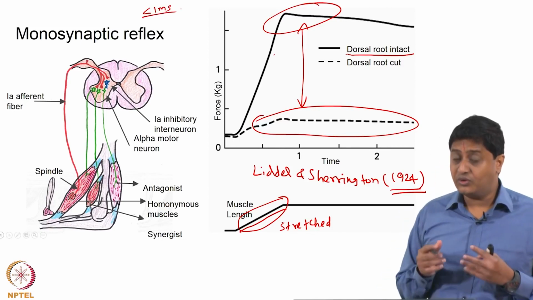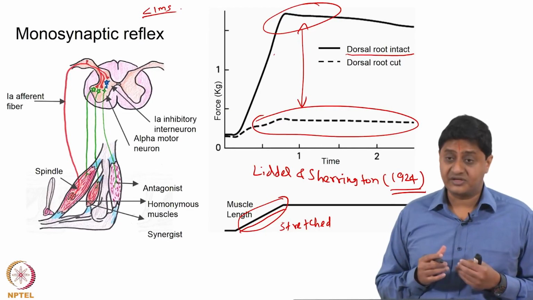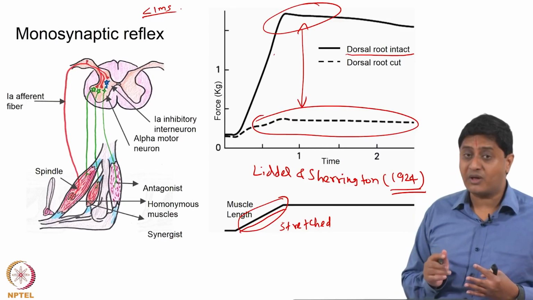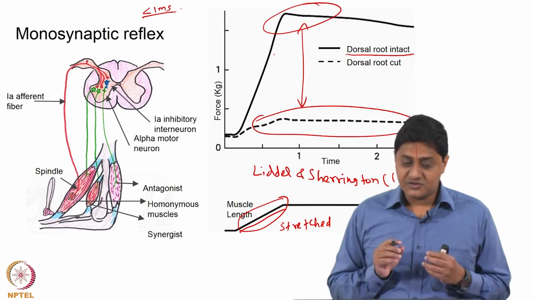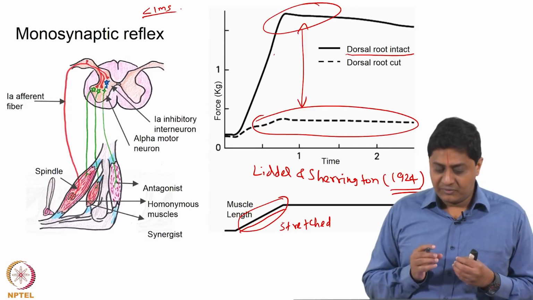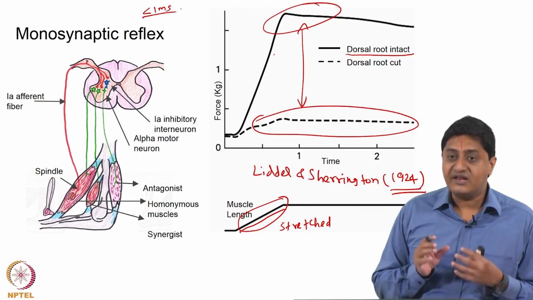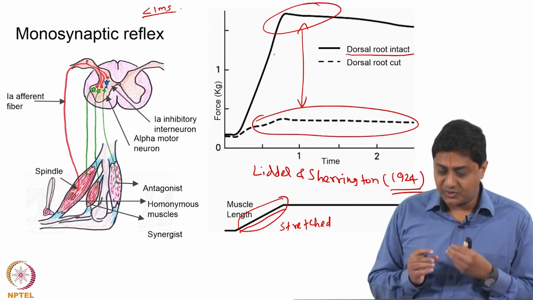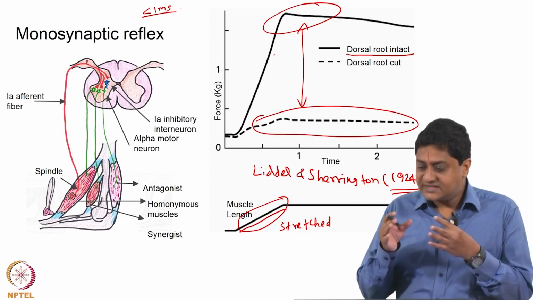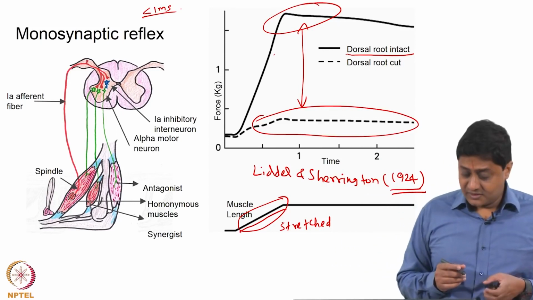Since we know that synaptic transmission takes about 0.5 to 0.8 or 0.9 milliseconds, this must essentially involve a monosynaptic pathway. Many of these things are found through accurate measurements of latencies. By computing these latencies, we are able to work out how many synapses are involved in this process.